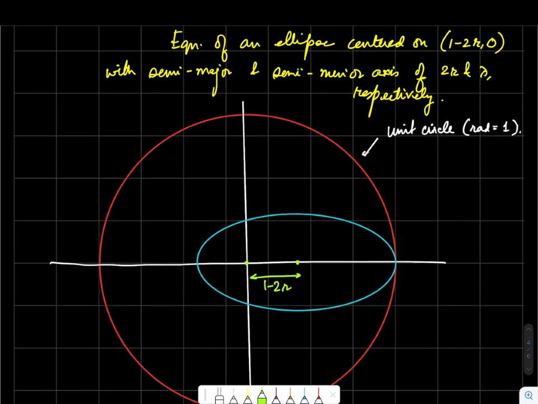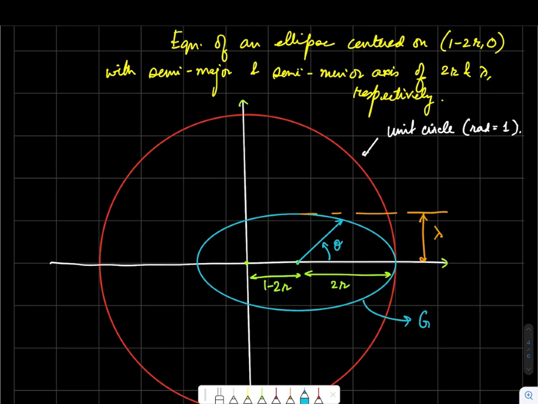It would have a distance from the x-axis or from the unit circle of 2r. The height of the ellipse will be lambda. So this is essentially the G ellipse, and it's easy to see that every point that we're dealing with now will be a point on this ellipse. So the parameterization is in terms of the angle theta.